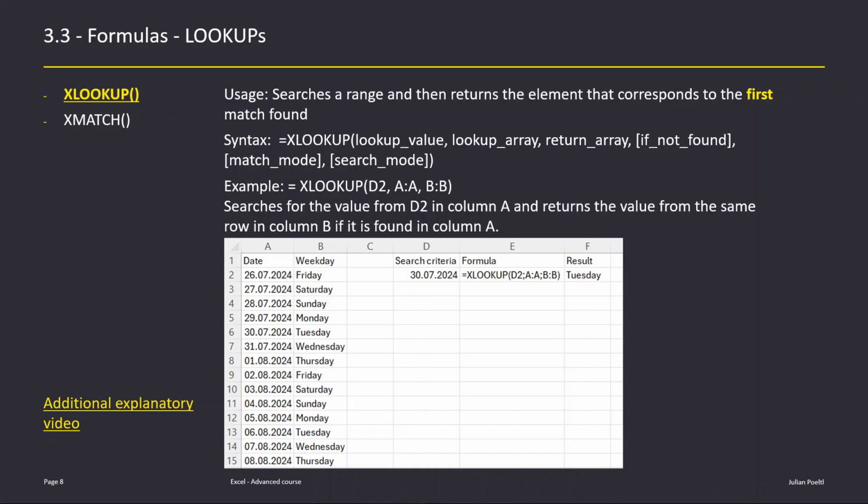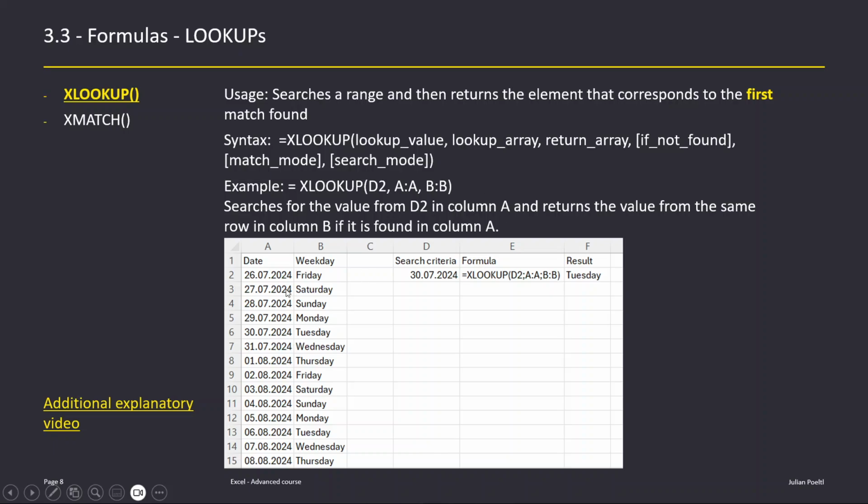Yeah, we've learned before how we can do that, but if you don't know that function, but you have this table here, then you could search for this date here, search in that column, and the XLOOKUP function, when you write it properly, will hand you the value.